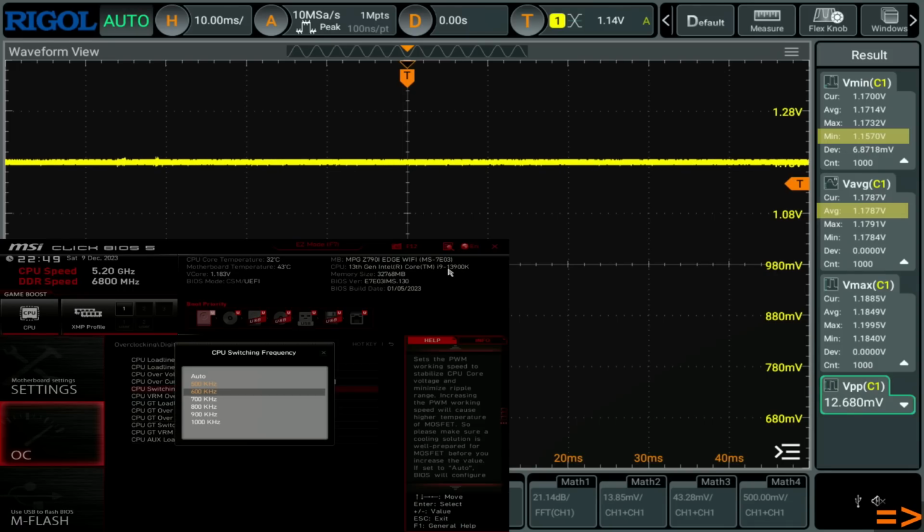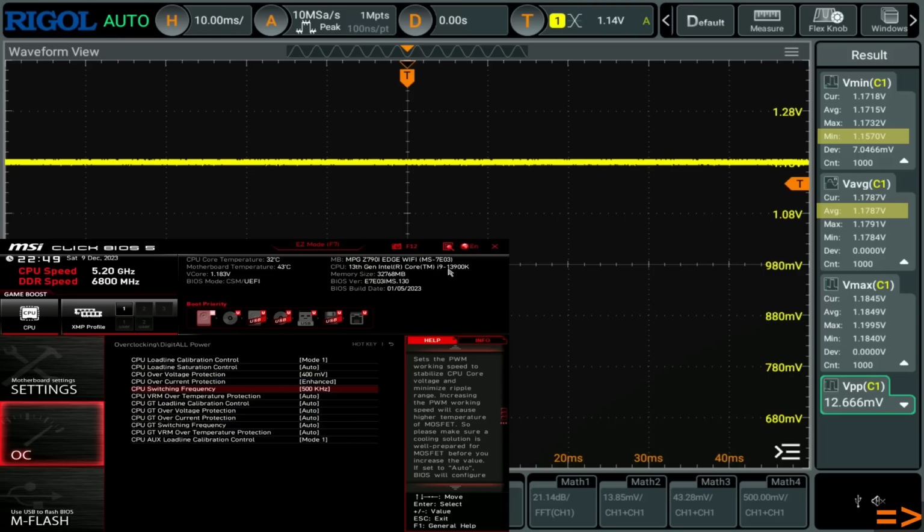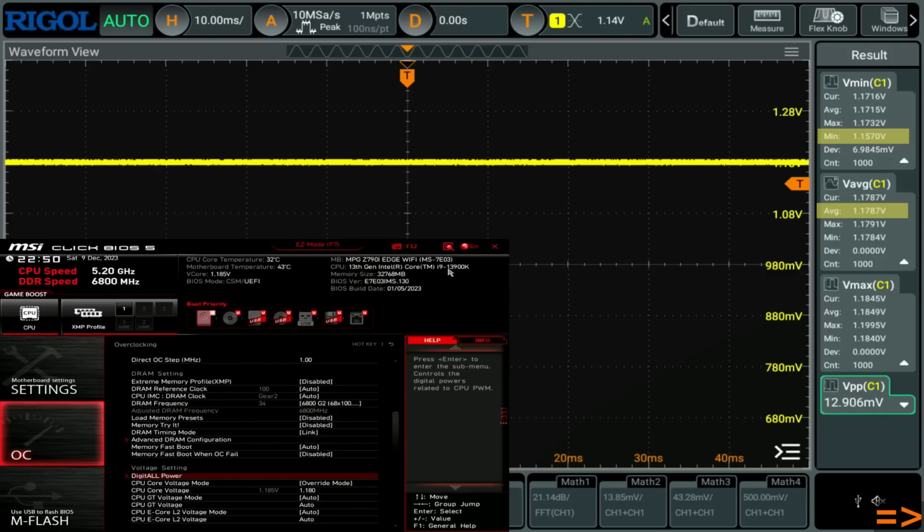So raising the switching frequency to get negligible improvements in voltage regulation at the cost of significantly increased VRM heat output, on an ITX board where the VRM already runs quite hot, just doesn't seem like a particularly good idea. So we're not going to be doing that.